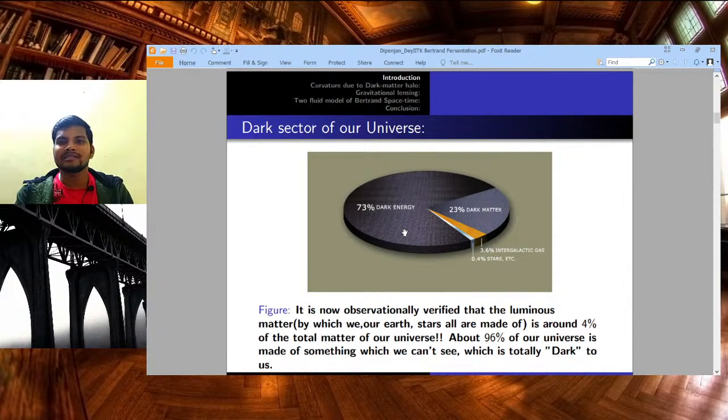It is not static. The Hubble observed that our universe is actually expanding, meaning the room in which you are is actually making itself big.